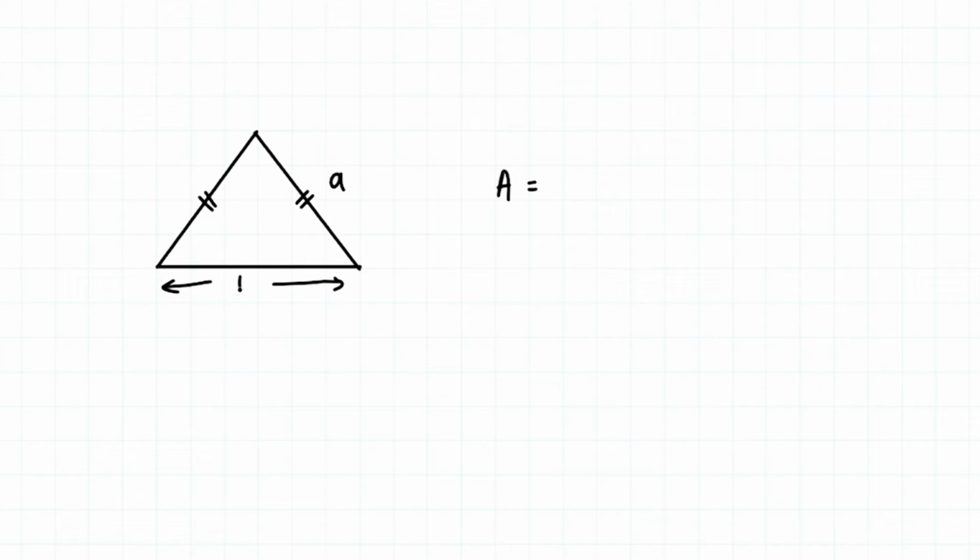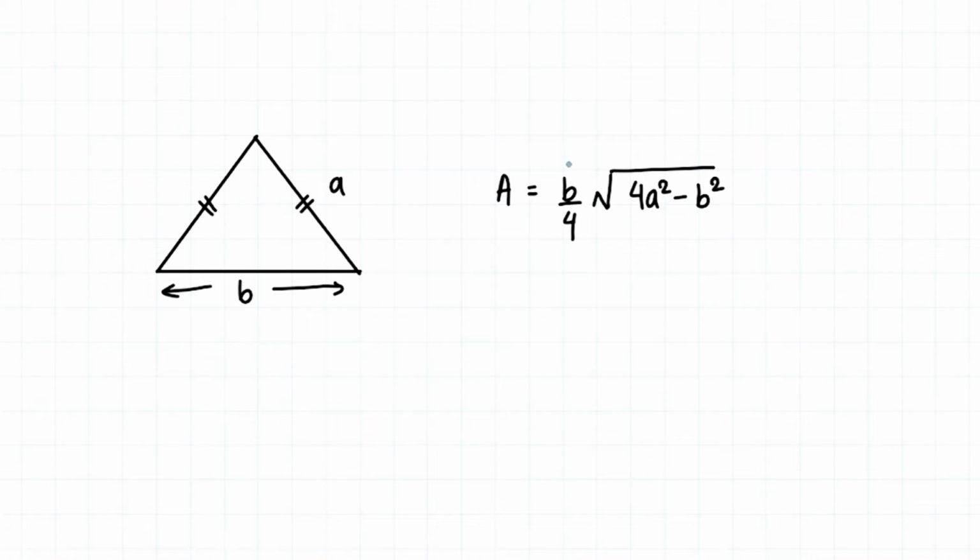Now we are going to look at an isosceles triangle. So how do we find the area of an isosceles triangle? In case of an isosceles triangle, again, we have a separate formula to find the area. If we consider these two equal sides of the isosceles triangle as A, and this unequal side as B, then the formula to find the area is B divided by 4 square root of 4A square minus B square.